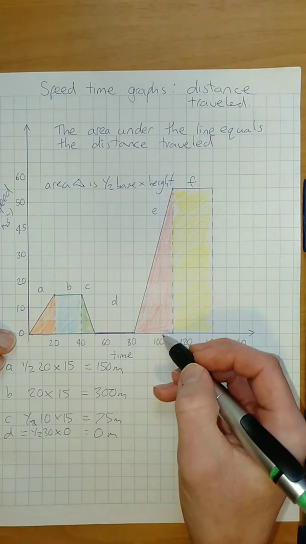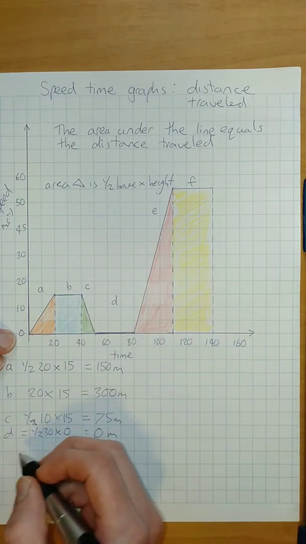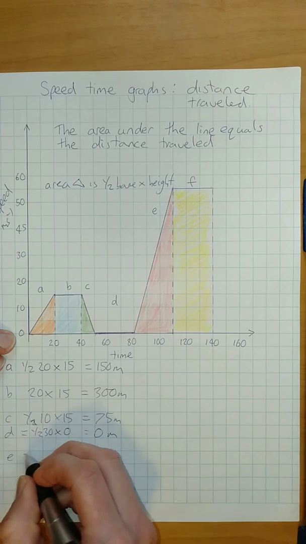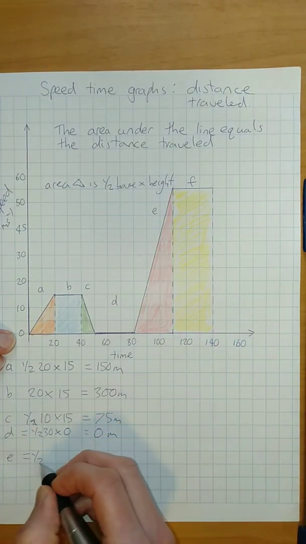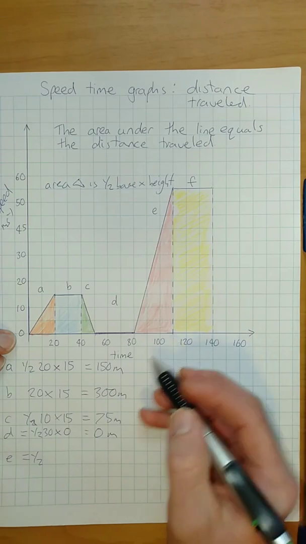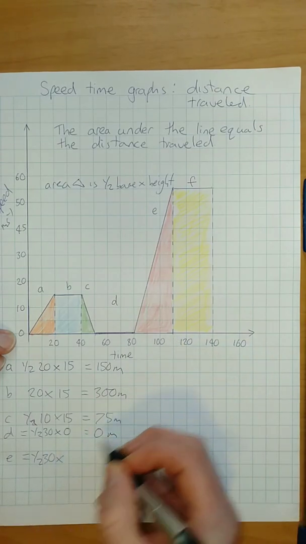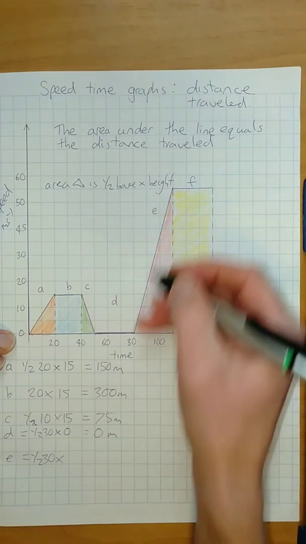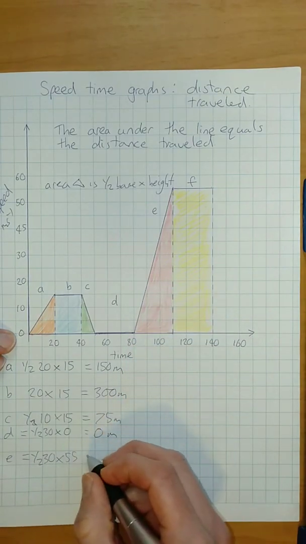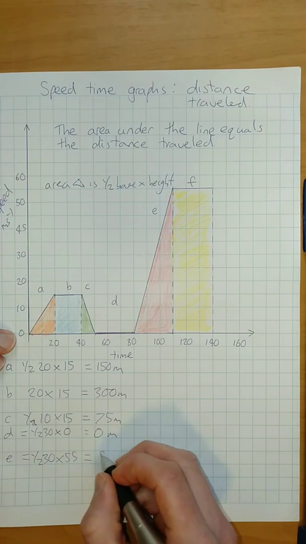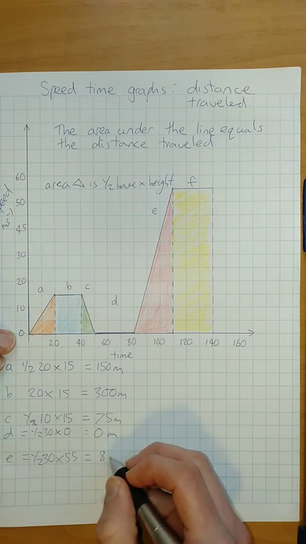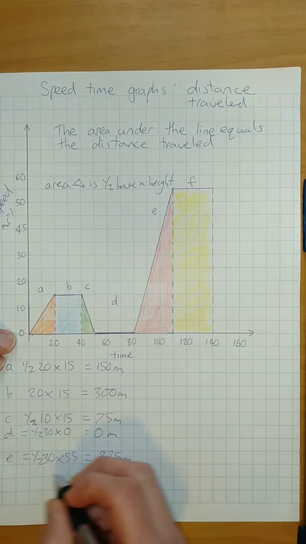And then we go up onto this one here, section E. And for this one, we have got half, again, it's 30 times all the way up to 55. And that gives us 825 meters.